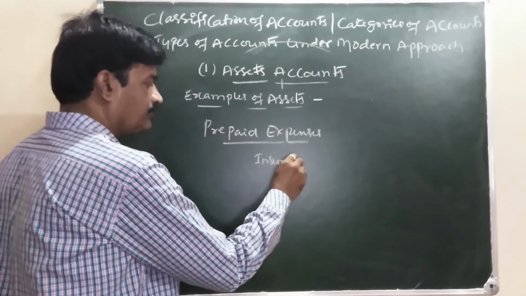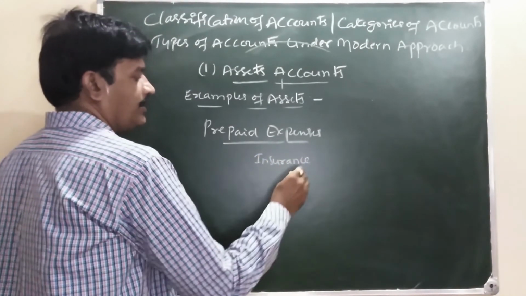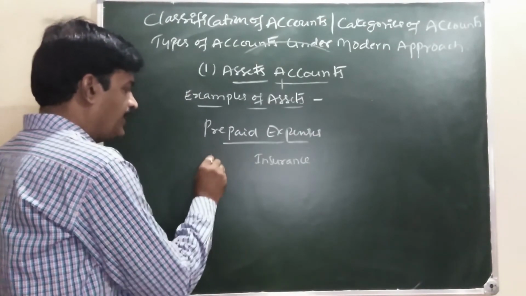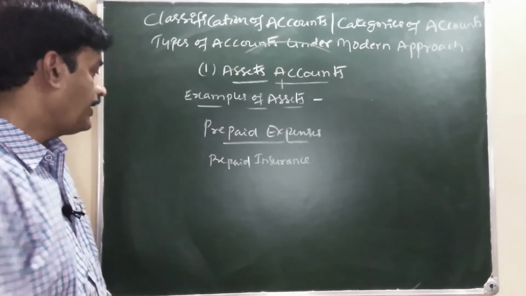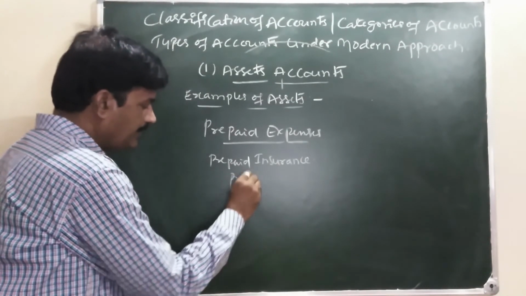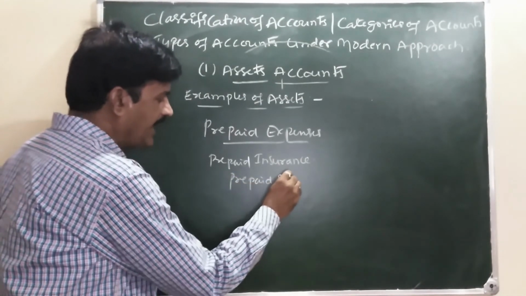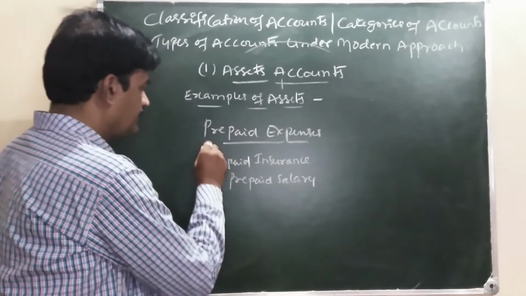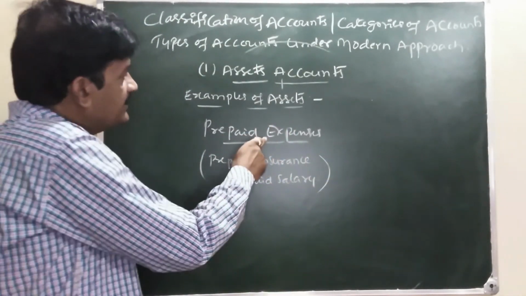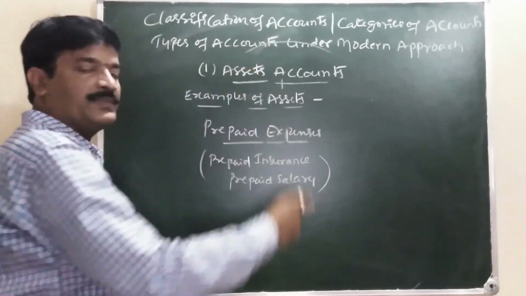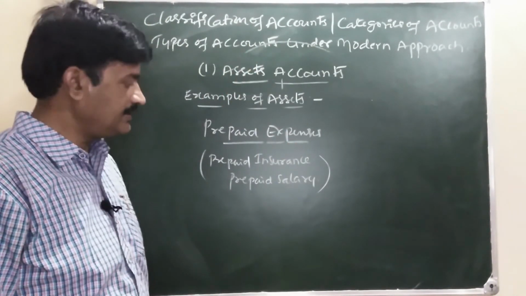Insurance, it is prepaid insurance. Prepaid salary. Examples of prepaid expenses. Prepaid expenses come under what? Come under assets.